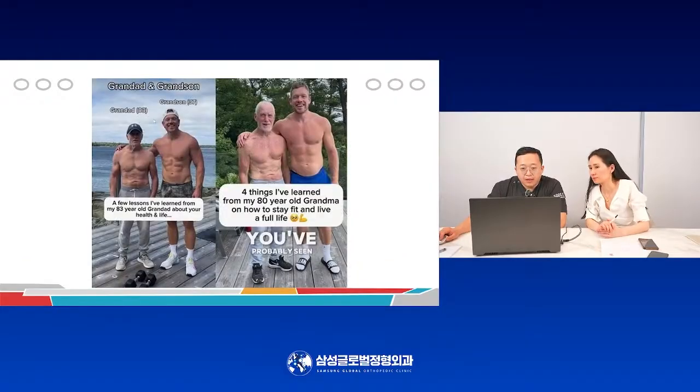As you see, this 83 year old grandfather looks so good, so cool, right? Really speaking, people consider a much healthier life and push themselves much more than before.